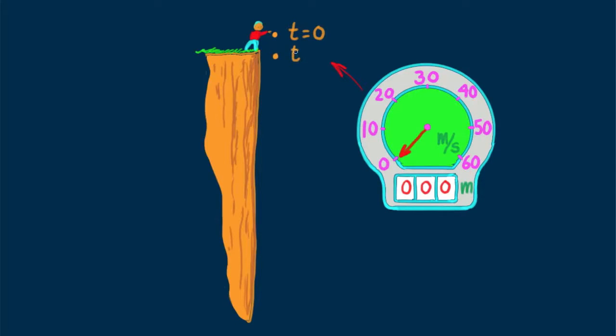Phil releases the boulder with its speedometer, and 1 second later, the boulder has gained 10 meters per second during this 1 second interval. The odometer reading is 5 meters. That's 5 meters, not 10 meters, as we'll explain later. For now, just concentrate on changes in speed. 1 second later, the boulder again gains 10 meters per second, and the speedometer reading is 20 meters per second.